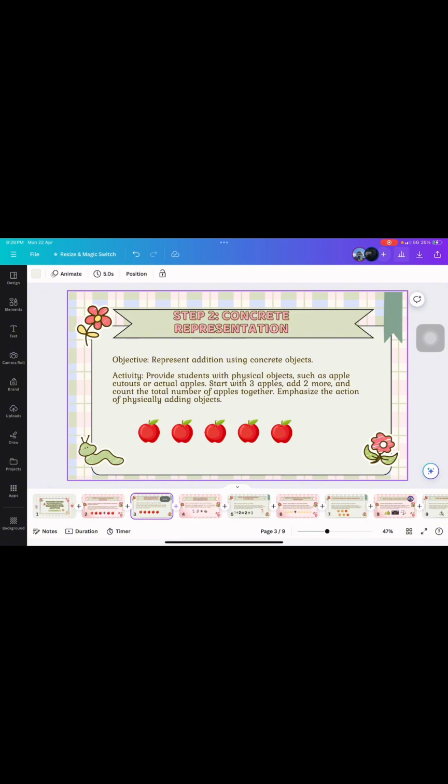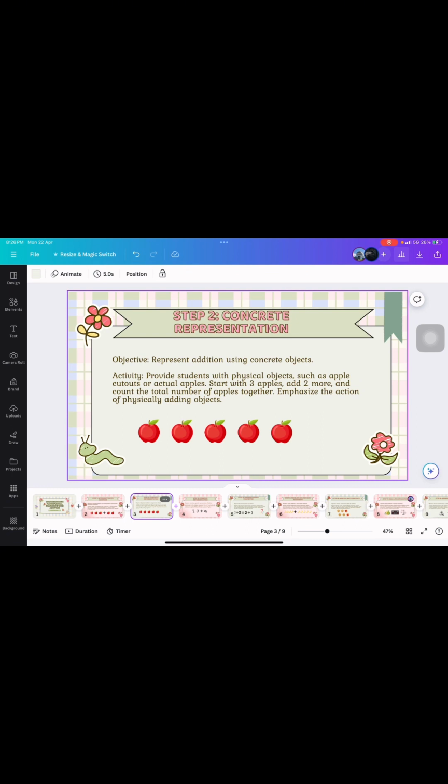So we move to the second step, which is concrete representation. The objective is to represent addition using concrete objects. The activity is to provide students with physical objects such as apple cutouts or actual apples. Start with 3 apples, add 2 more, and count the total number of apples together.